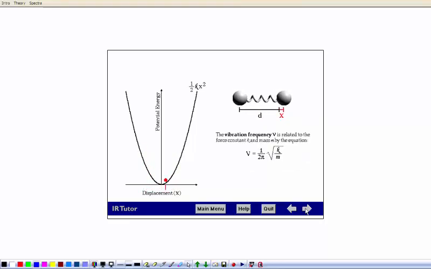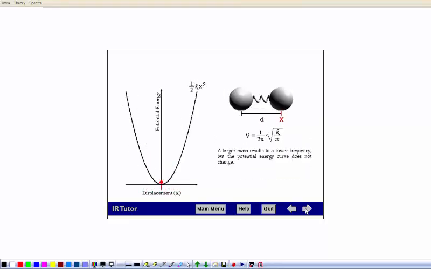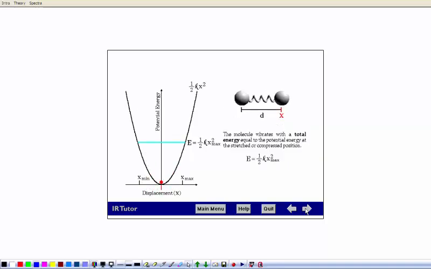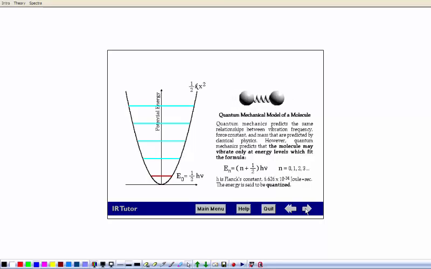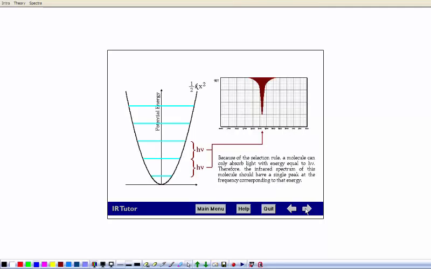And if they're really big, they don't vibrate as fast. If they're really small, they vibrate faster. What we're interested in is that as those molecules absorb infrared radiation of that particular frequency, you end up with a peak on the infrared spectrum right here, which tells you basically what the vibrational frequency was.